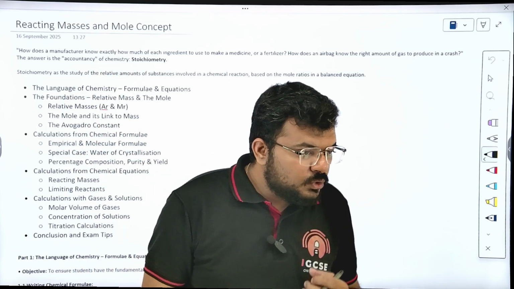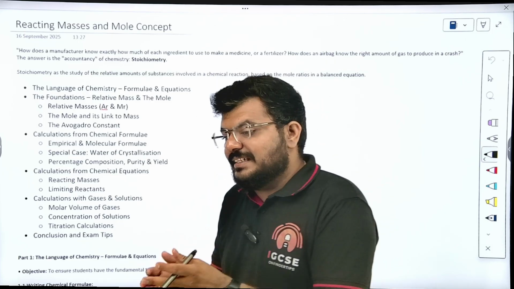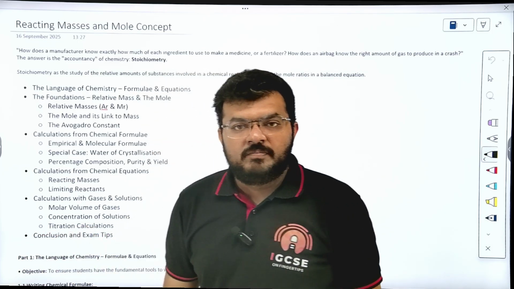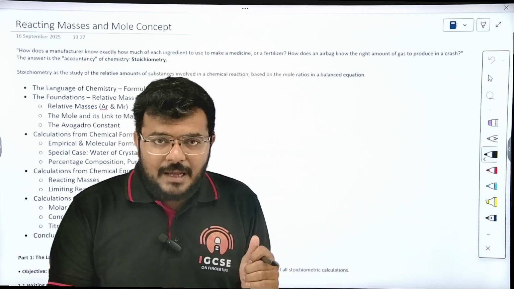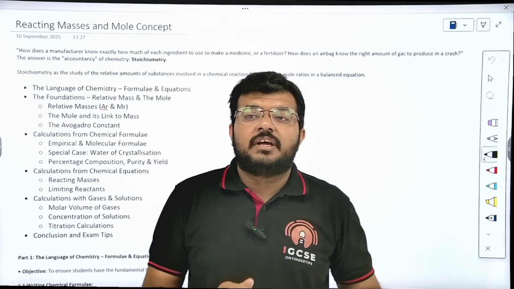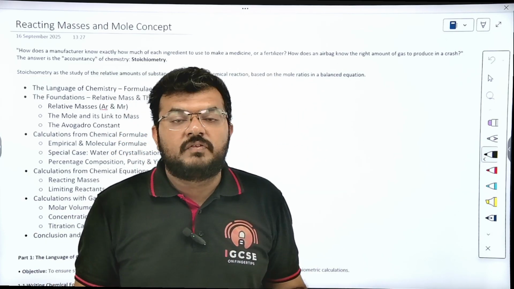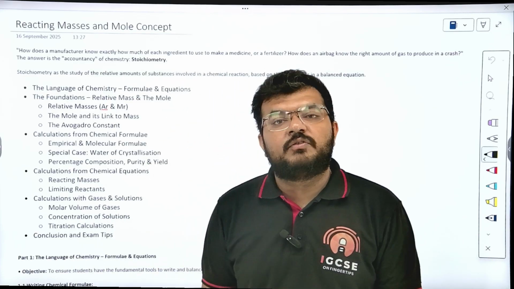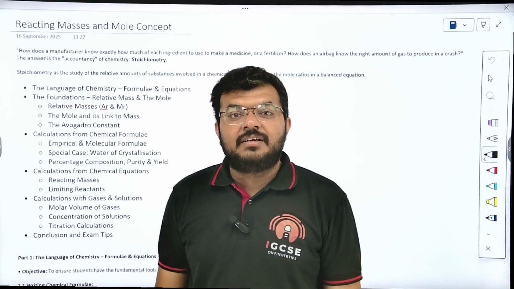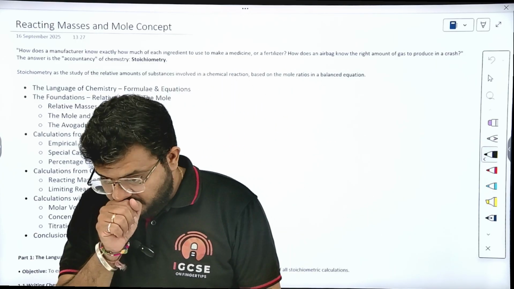I need to know the exact amount of aspirin that a person gets in one tablet. Right now, you might also have seen sometimes when you break this tablet into half, your doctor might suggest you that take half of this tablet. The drug also is divided in half. So if the chemistry is wrong, you cannot take that half tablet. So to establish that, we need stoichiometry, we need mole concept.